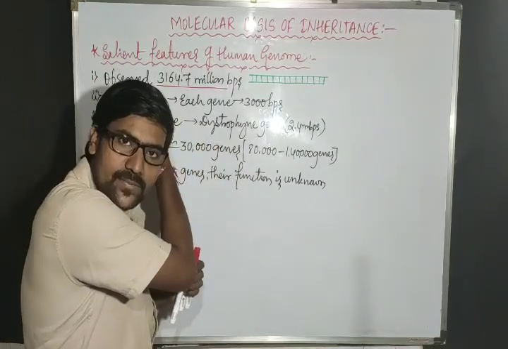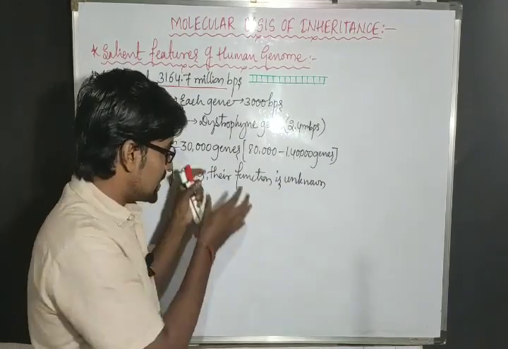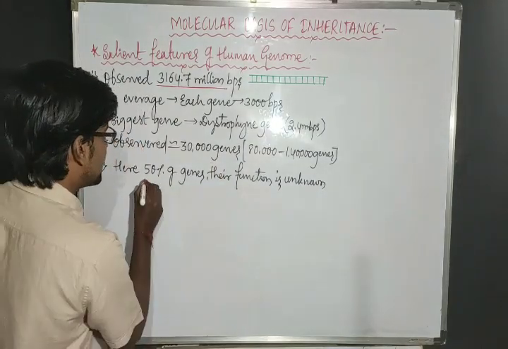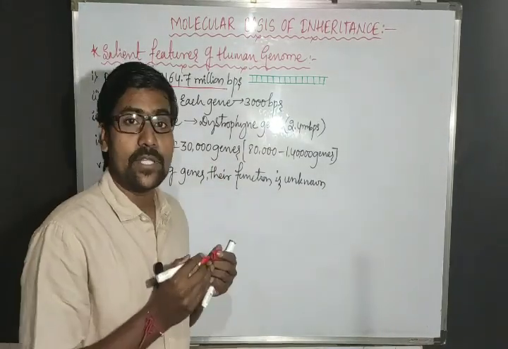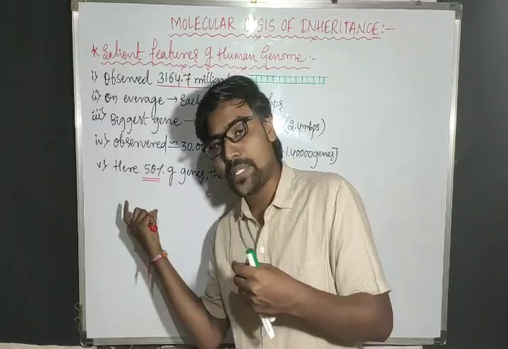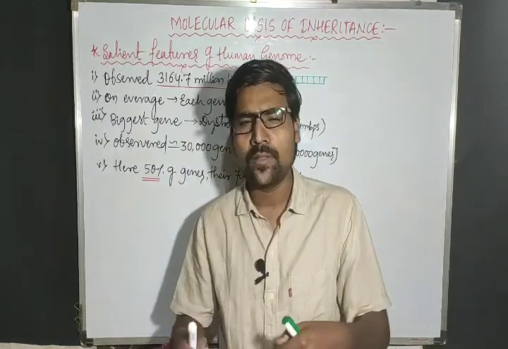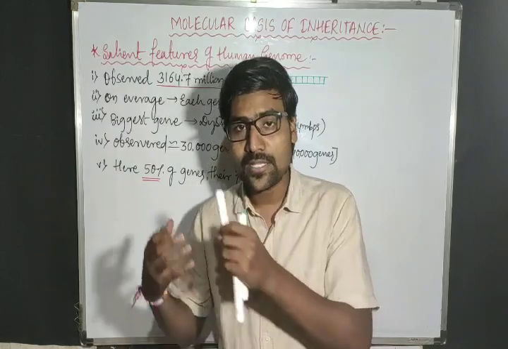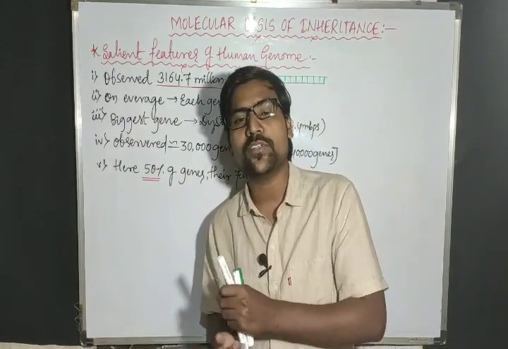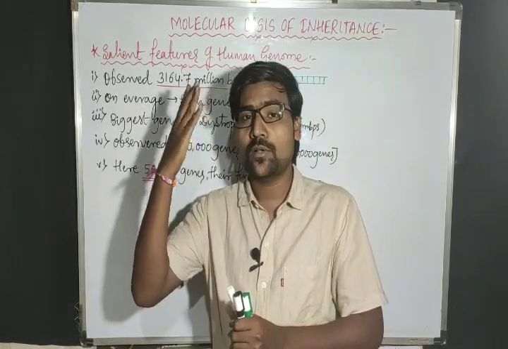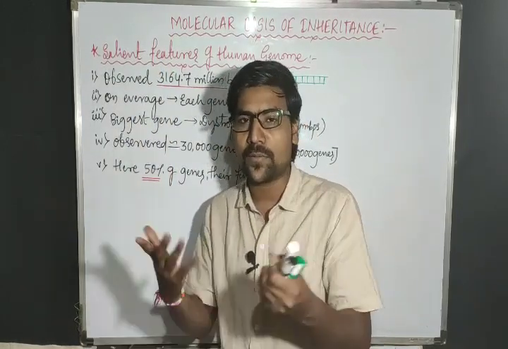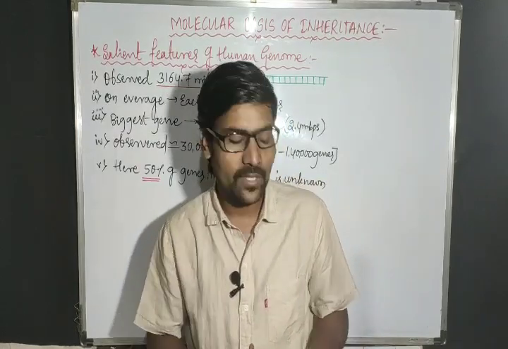Of course, they sequenced this many genes, but among all these genes, about 50% of genes' function is still unknown. That means they are performing their work, but scientists are unable to find out what exactly the work done by these 50% of genes is. Imagine, even though they worked for 13 years, they found the function of only 50% of genes. The remaining 50% of gene function is still unknown.